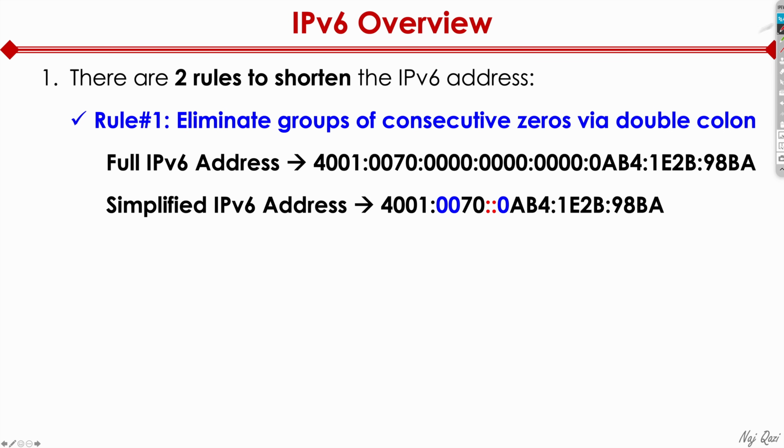So what that means is, you see what we're doing here is we're taking a chunk of these zeros, these three quartets, quartet number 3, quartet number 4, and quartet number 5. We're taking them and we're collapsing that into a double colon. So that's one of the ways this can be re-represented and rewritten in a more simplified format.